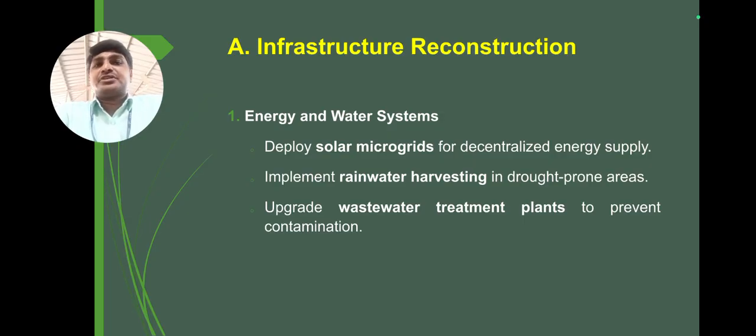This is very essential because drought-prone areas suffer from lack of water, so we should implement rainwater harvesting by constructing dams, reservoirs, or water bunds, and upgrade wastewater treatment plants to prevent contamination. Wherever wastewater is generated, we should treat and reuse it for recycling.